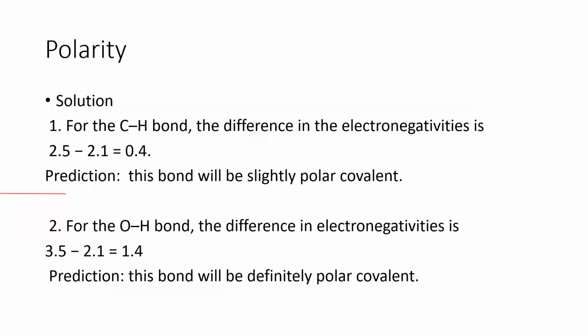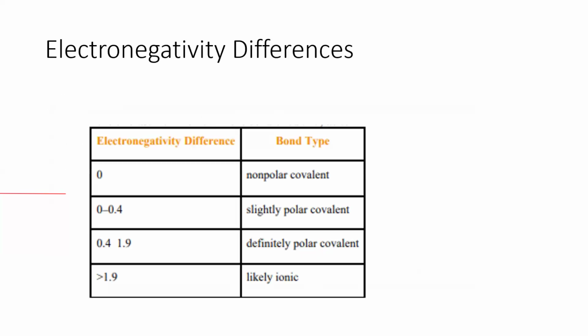Then you subtract hydrogen's, which is 2.1, and you get 1.4. When you get 1.4, you go to the table: 0.4 to 1.9. So 1.4 is here, so it's definitely polar covalent. That's how we do it.